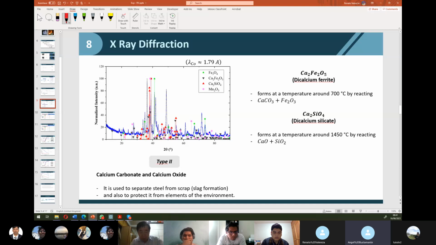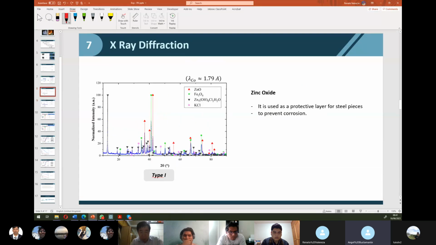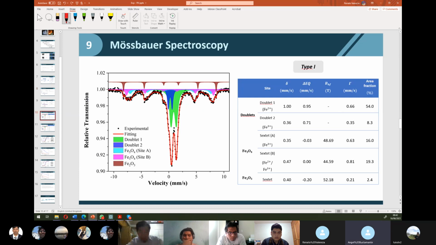Here, you see in the X-ray diffraction there are many residual components or spurious components, maybe, no? For example, show me slide 10.